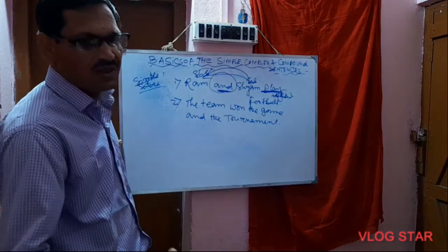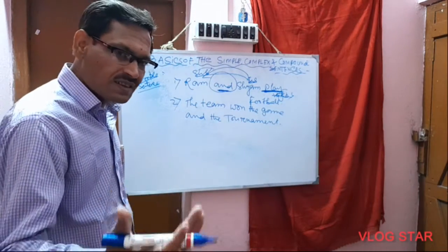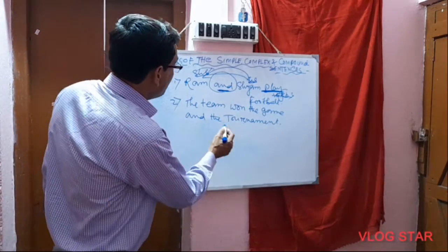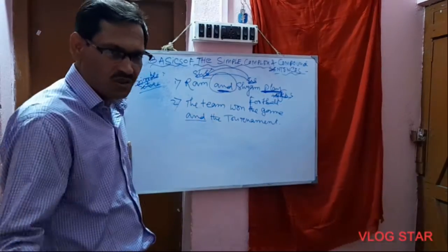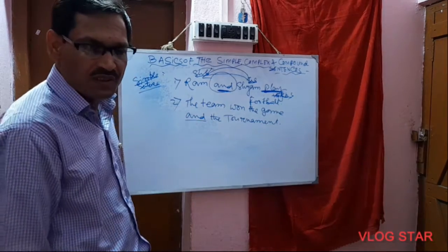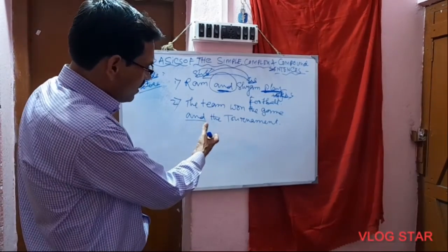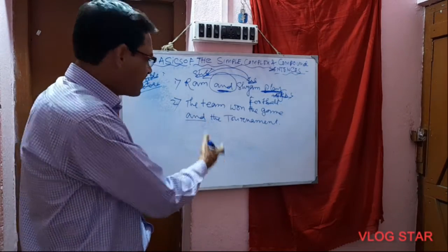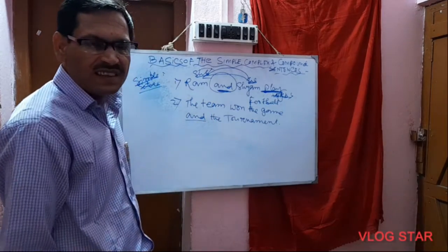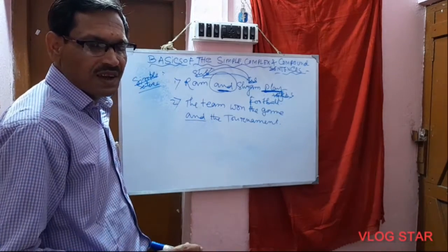Now, here the question is the same. Here "and", the conjunction, is mostly used in compound sentences, but here it has been used, but the sentence is still an example of a simple sentence.